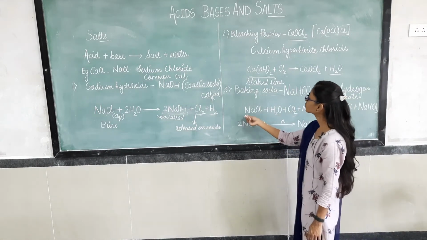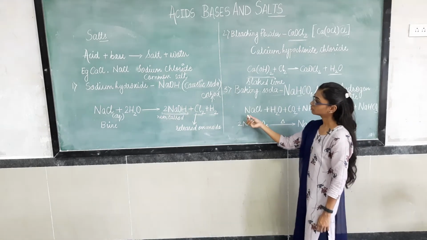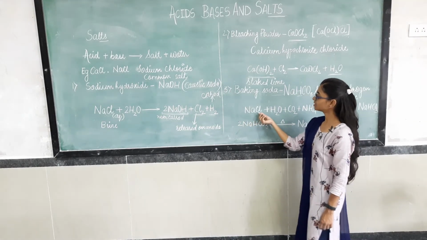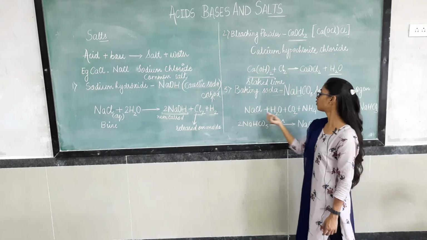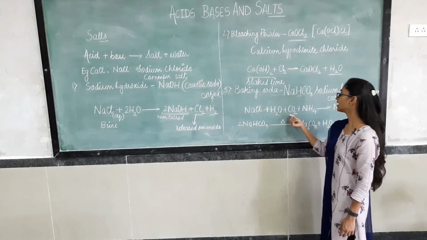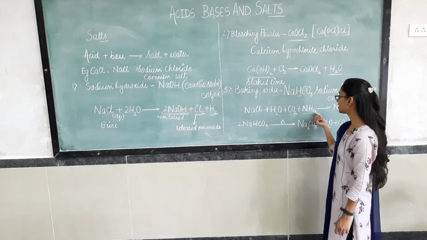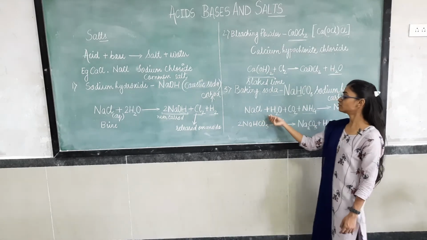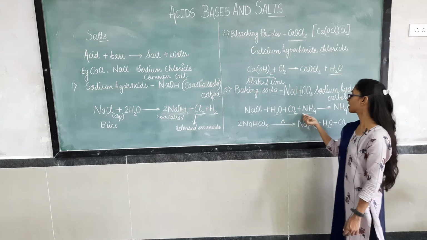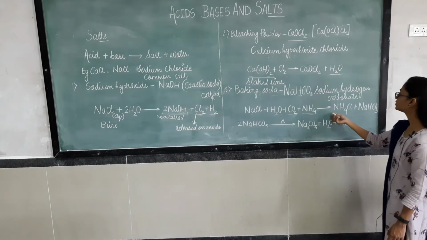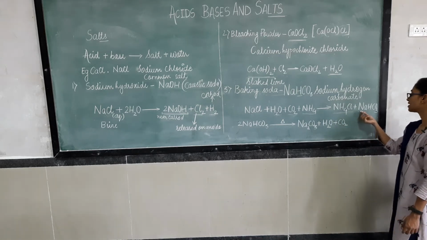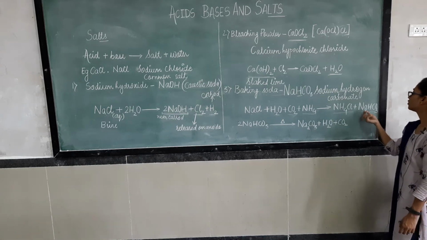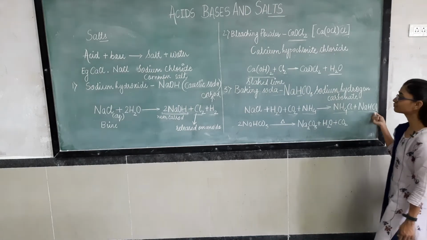See, when common salt, that is NaCl, in an aqueous solution of NaCl, reacts with carbon dioxide and ammonia, it forms ammonium chloride, NH4Cl, plus NaHCO3. Sodium hydrogen carbonate is formed.